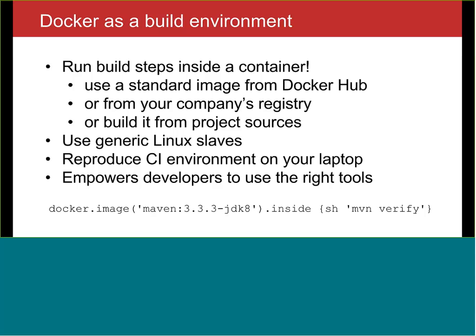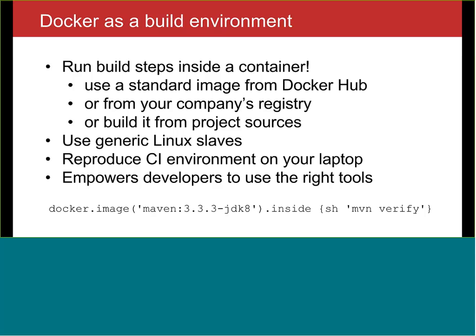I simply select that particular image, so that encodes all of the details of my build environment. And then I just want to say, I want to run a shell step, so I want to run mvn, that's a Maven command, and run some Maven command there. And I know that when I run mvn, it's going to be running Maven 3.3. So that's entirely under the control of the job, this workflow script.